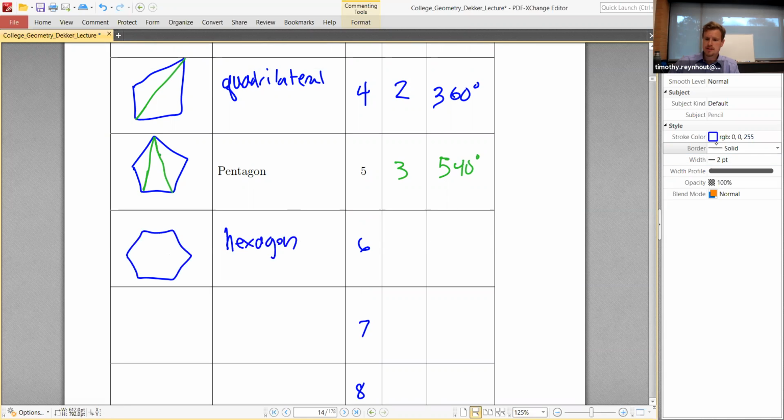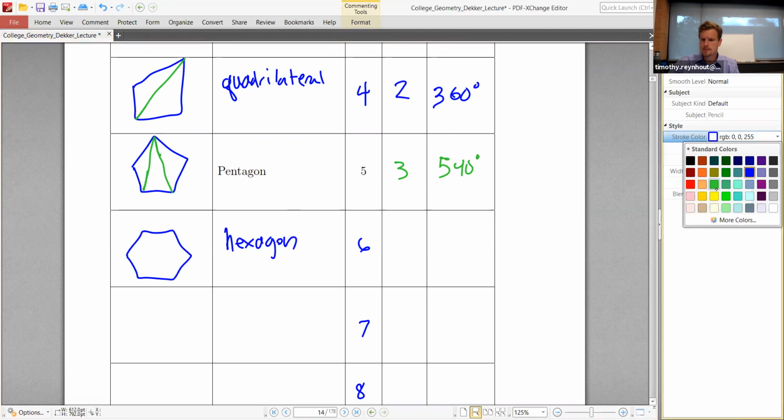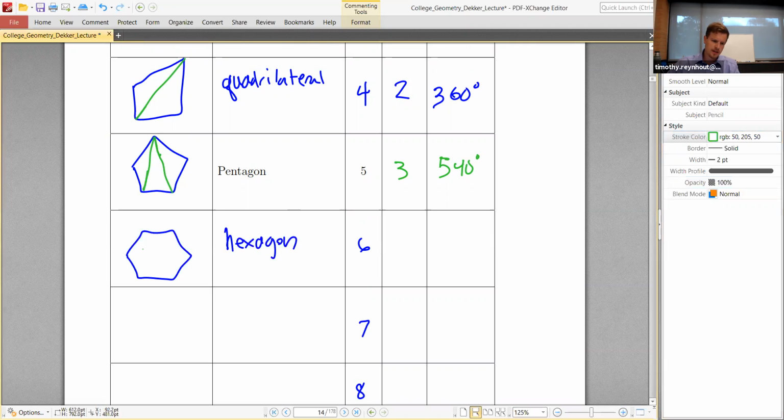And we can split this into triangles as well. If I draw a line here, that gives me a triangle on the left-hand side and a pentagon on the right-hand side. And the pentagon I already split up, so I could split the pentagon up in the same way.